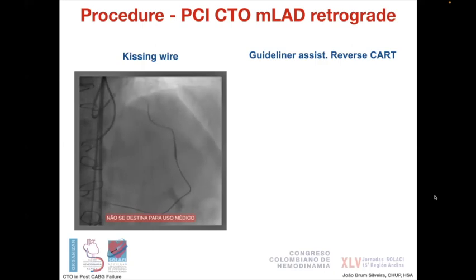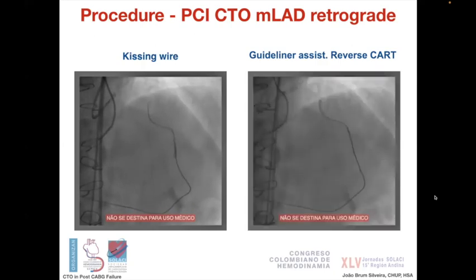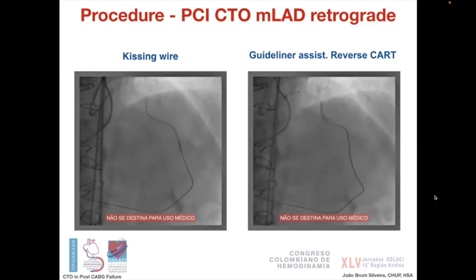At that time, you use a guide extension for reverse CART, as I mentioned, but it's very important that you use the guide extension, because the guide extension can assist me as a reverse CART, but also we have a long lesion and tortuosity. We probably need to use it as an assist for the POBA and for the stent implantation.